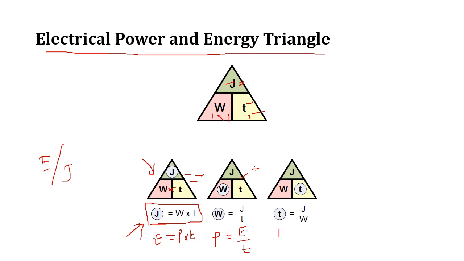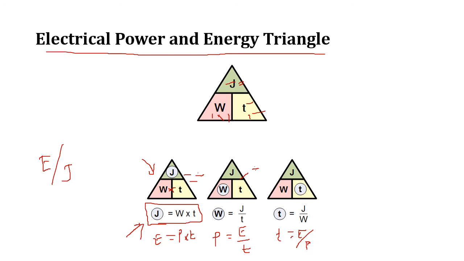Here to find out the time, J will be divided by power. That means energy divided by power, E by P.